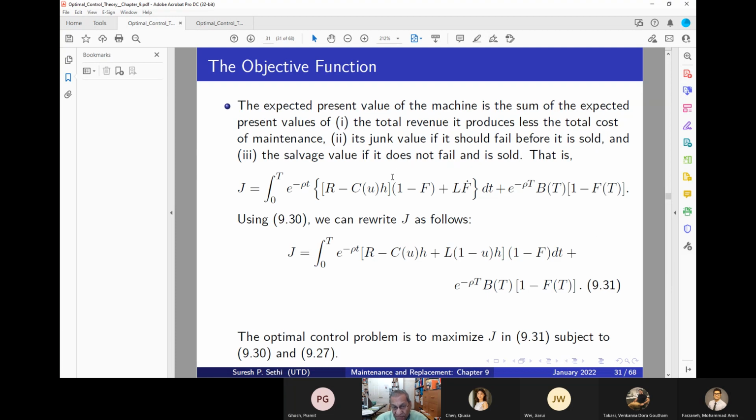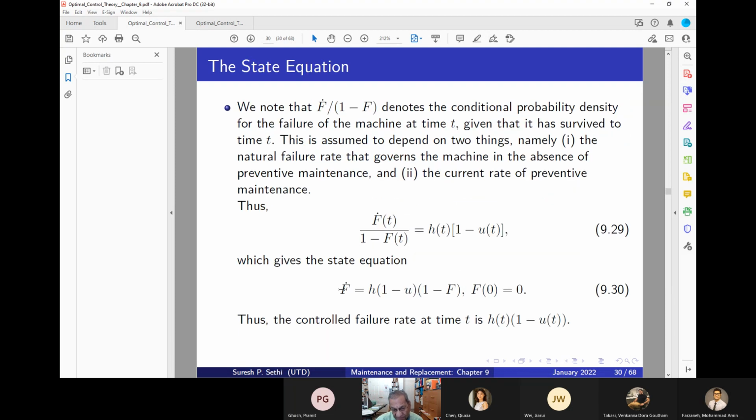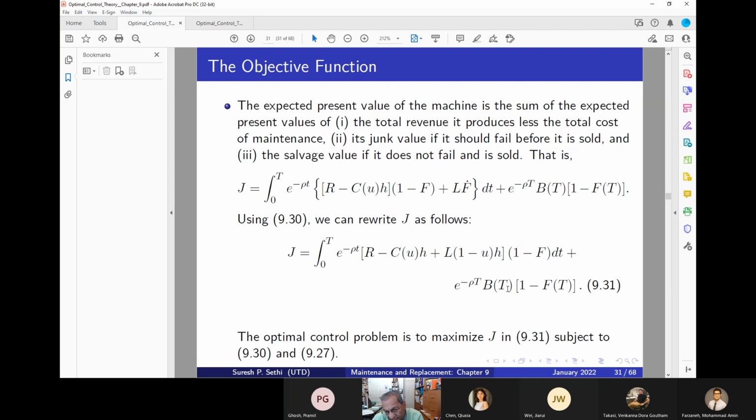For control theory, it is a deterministic control problem. The probability lives in our head because we know what f is. But control theory only knows f as a state variable, and it has a differential equation, and it has an objective function, and the expected value has been obtained by us using the formula of probability.